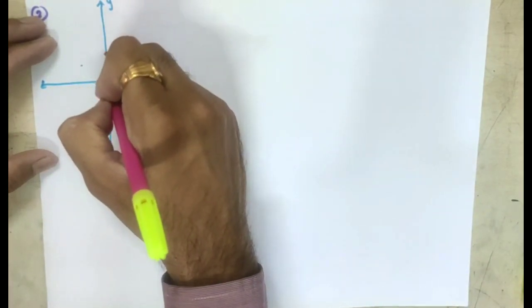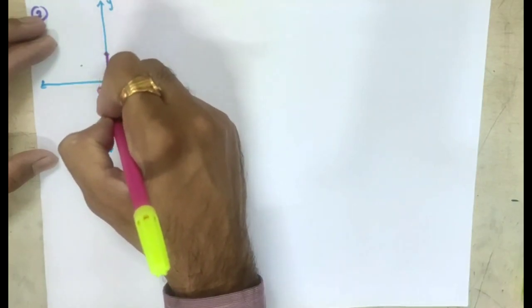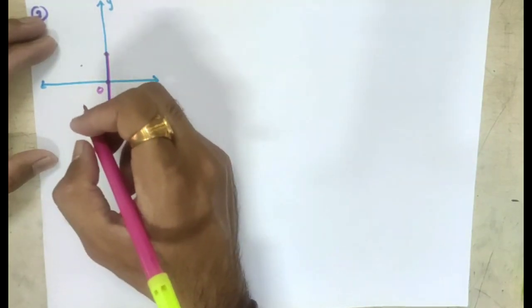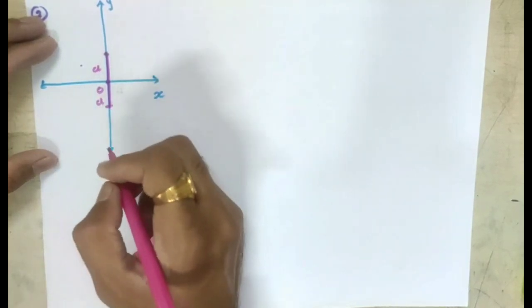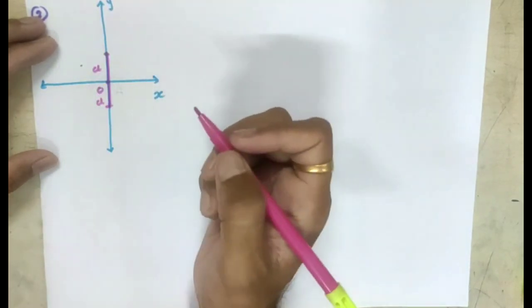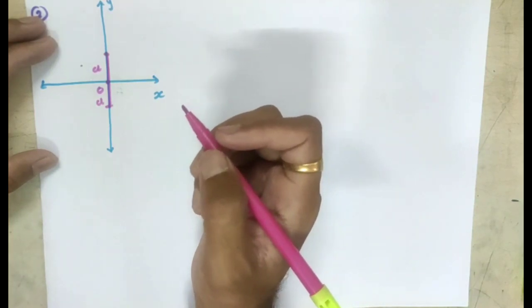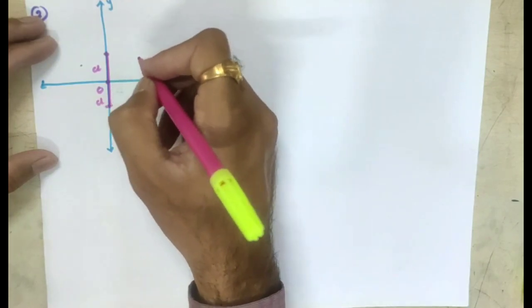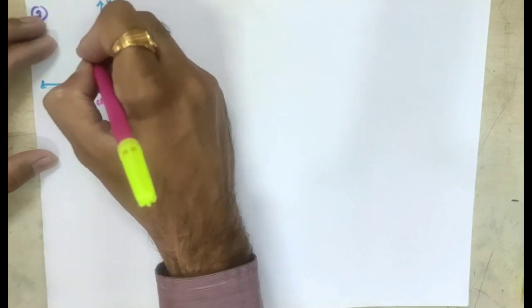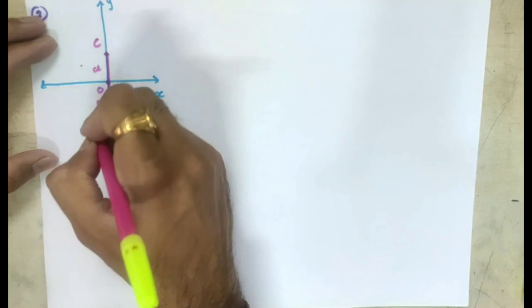The length of each side of the equilateral triangle is equal and the measure is given. The measure of each side is 2a. So this will be equal to a and this will be equal to a. Hence the side is 2a. Now we are having two options for this equilateral triangle. Suppose this is base BC.